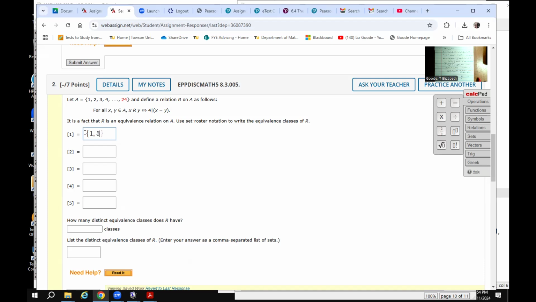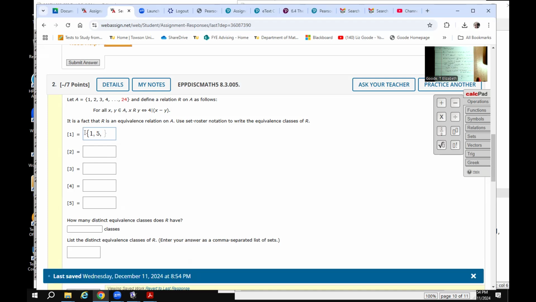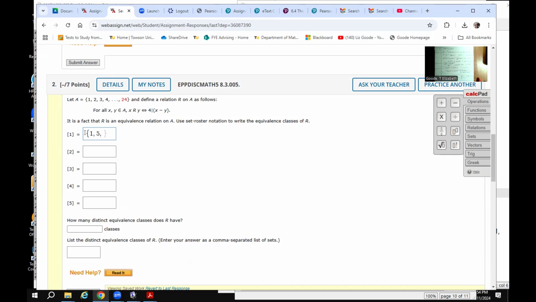So, see, 5 is separated from 1 by a jump of size 4. 4 will divide their difference. The space between 1 and 5 is a distance of 4. 4 divides that distance. That's what X minus Y is talking about. X minus Y is the distance between X and Y. Does that make sense? Yeah.